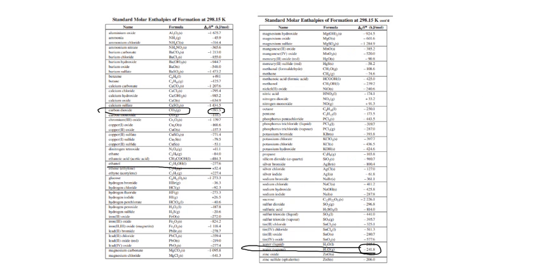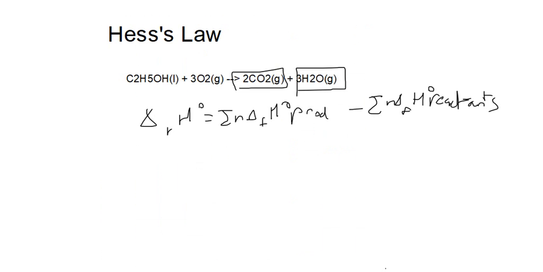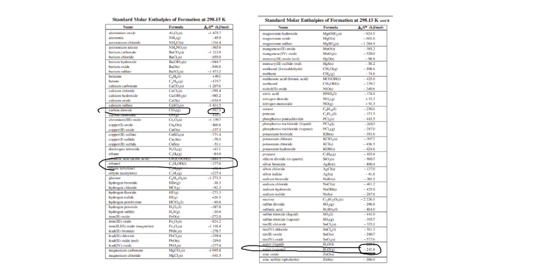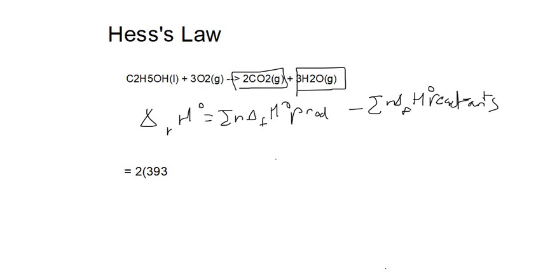Here. So ΔH equals the products: 2 times the carbon dioxide one, which was 393.5, and the water is negative 241. This should be negative as well.